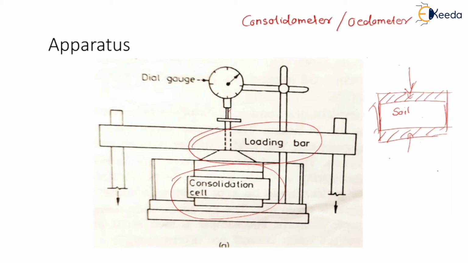There are certain arrangements made in the consolidometer so that we can apply any desired load or we can increase the load as per our requirement. Also, we can saturate the soil sample and we can measure the change in thickness of the sample.